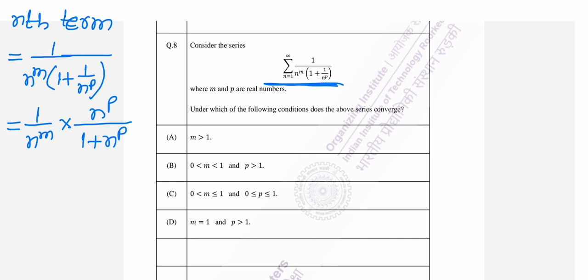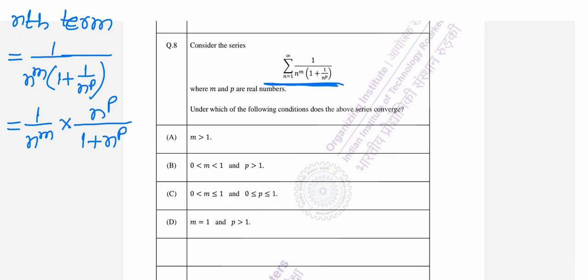And now if you let n tend to infinity to this part, then the enclosed part will be a finite number.